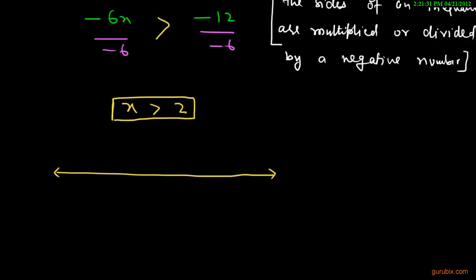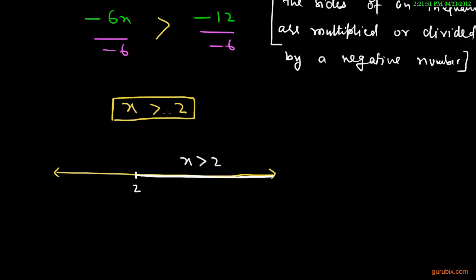And we can represent it by a number line. Suppose this is a number line and here is a point 2 and x is greater than 2. This means all values greater than 2 are in the solution set of the given inequality, and this shows x greater than 2.